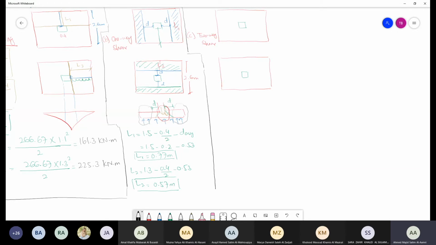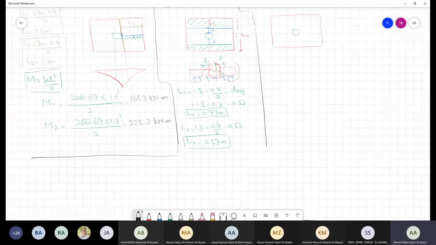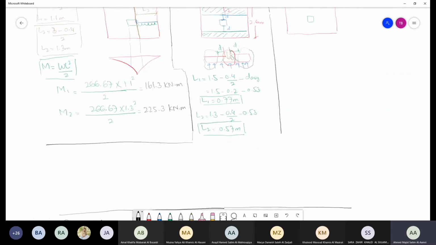Now, for one-way shear, we have two cases.